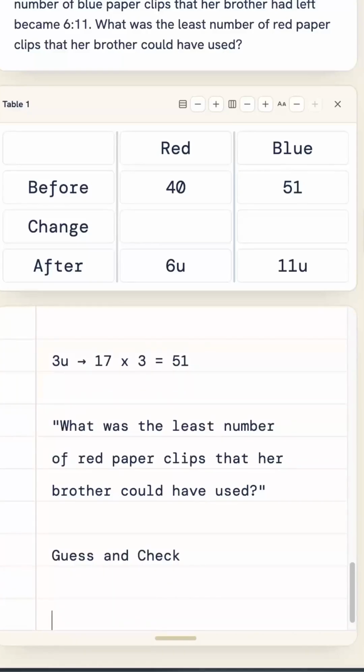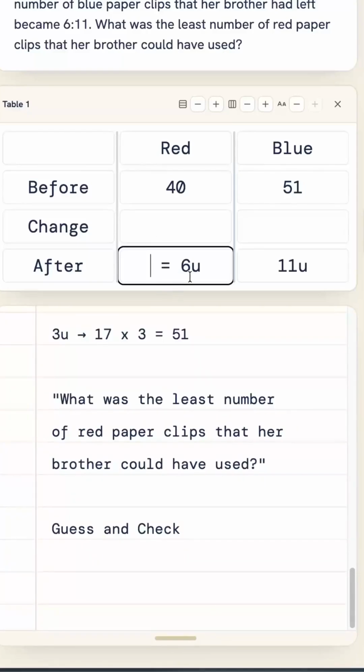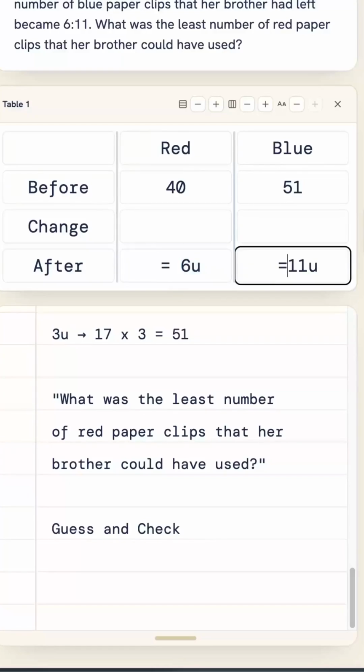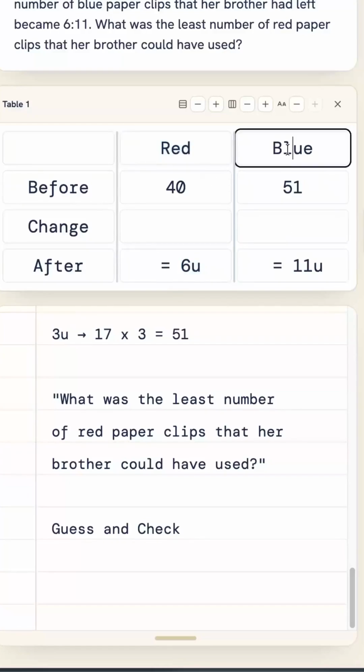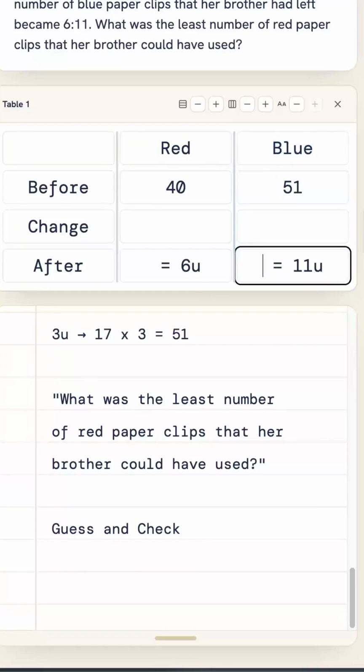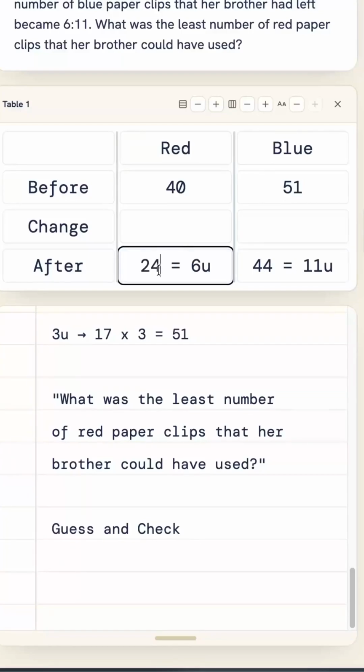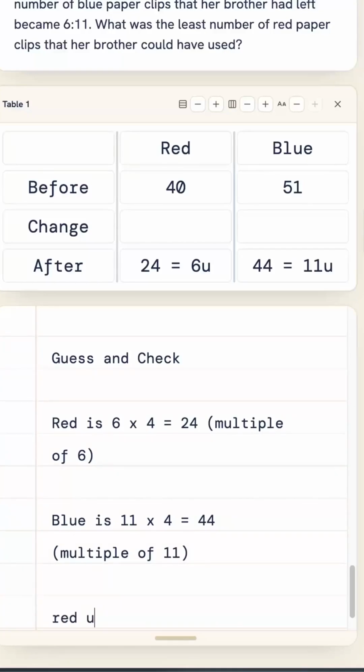So in this case, what number can we use in order for us to get 6 units and 11 units for red and blue? My thinking is that for blue itself, maybe I'll use 44. So 11 times 4 is 44, and 6 times 4 is 24. If red used is 40 minus 24, this will give us 16.